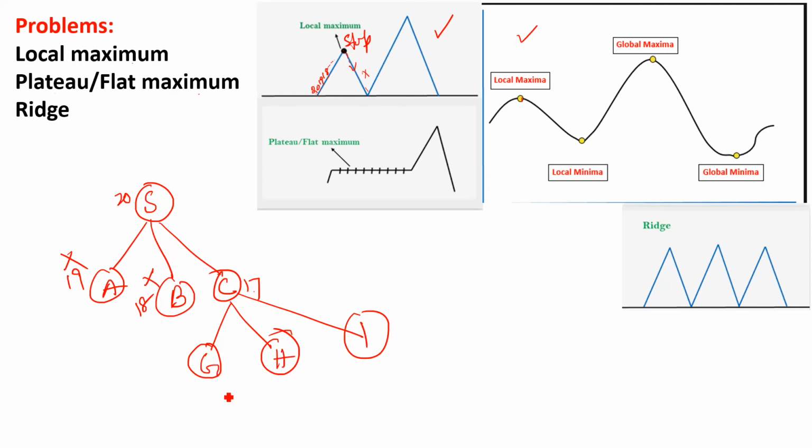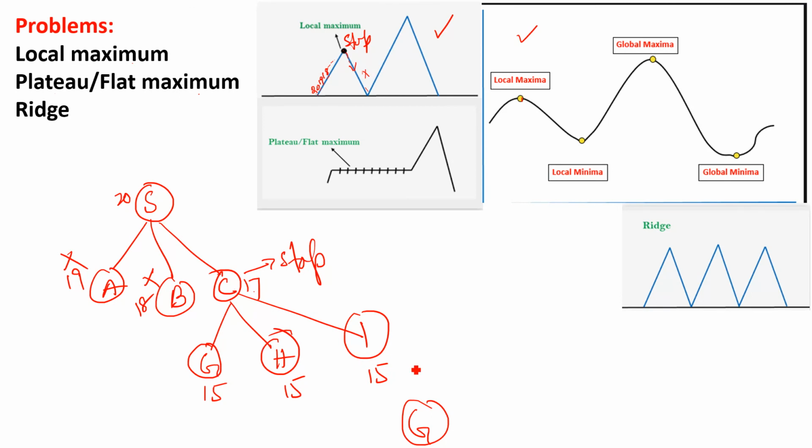maybe G, H, and I, and all have the same heuristic values in order to reach our goal state. Now, which one do you have to take? So, if we have the same, it means we have to stop here. This theorem says that if all the heuristic values are the same at any point, we have to stop here.